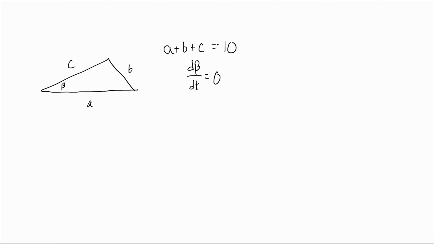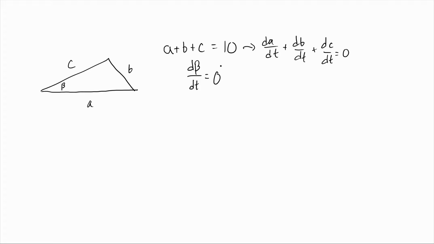Then with this function equivalence, the derivative of this function 0 is going to be equal to the derivative of the sum of the functions. So you could think of this as being dA dt plus dB dt plus dC dt is equal to 0. We might use that.